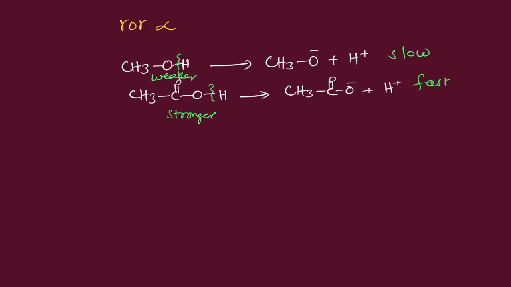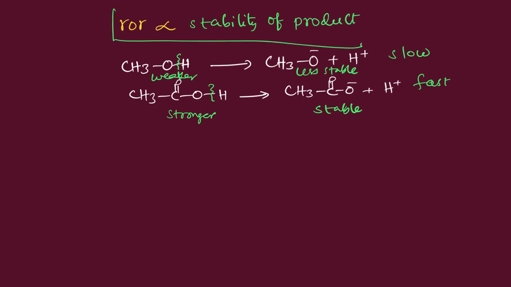Therefore this decides that this is a stable anion, and this is a less stable anion. When it is less stable, it is difficult to form the product; when it is more stable, it readily forms the product. Therefore the rate of reaction is directly proportional to the stability of the product.